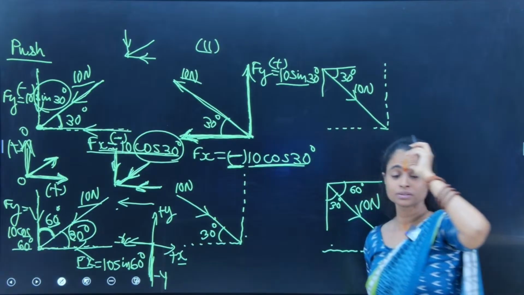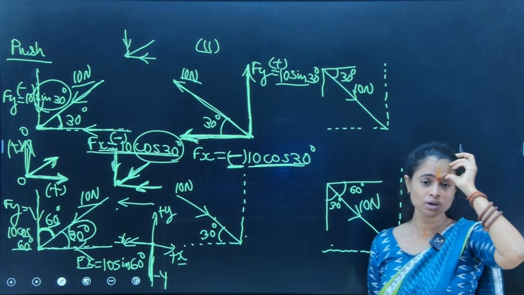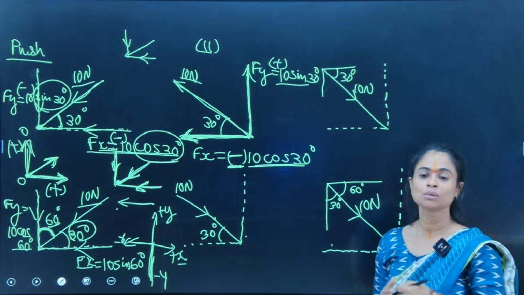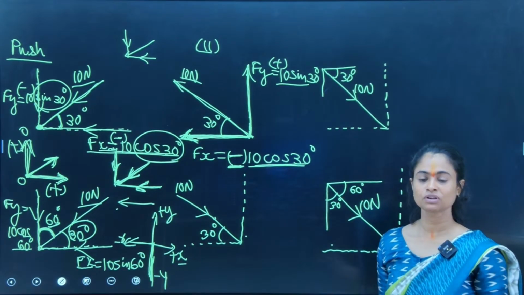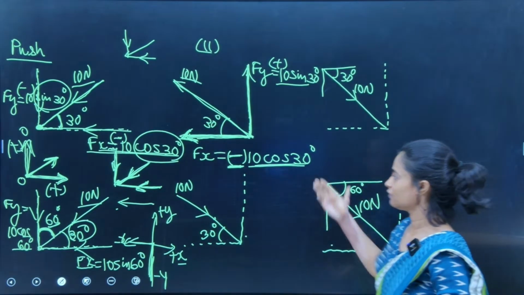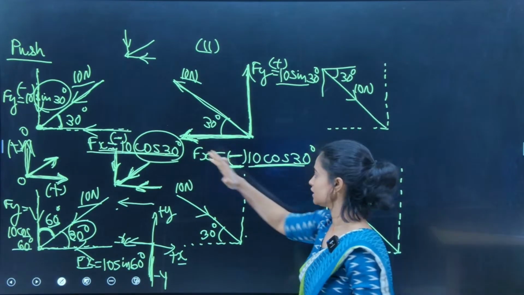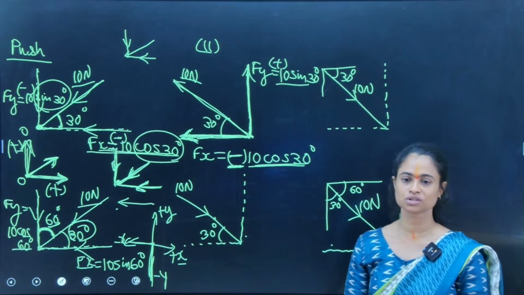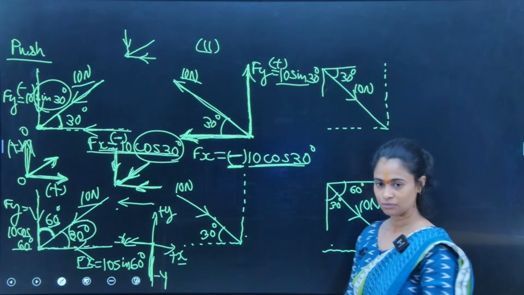Got my point? Why positive? Because it is going upward. Clear? The force is pull type, so the components will also be pull type, and Fx is going leftwards, that's why it's negative. Fy is going upward, that's why it's positive. Clear?